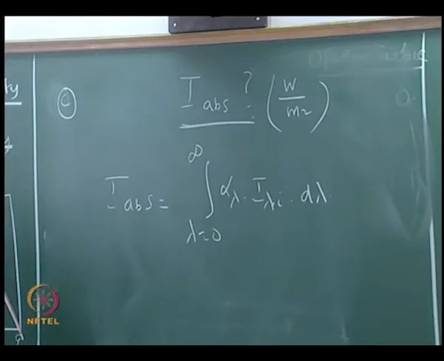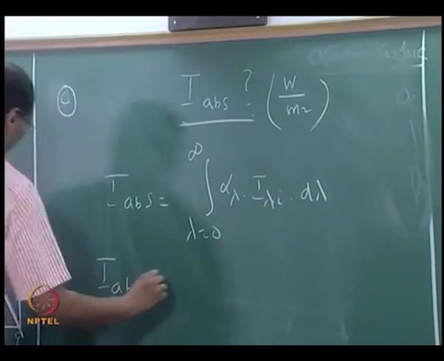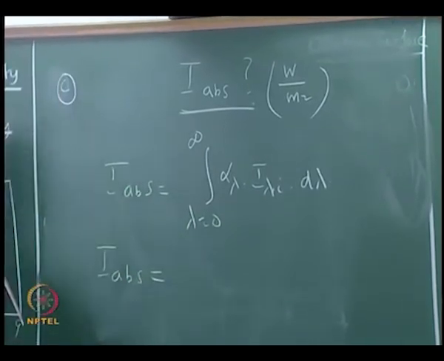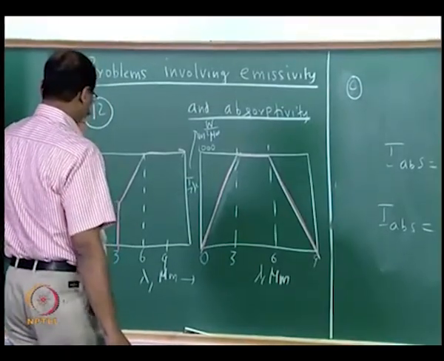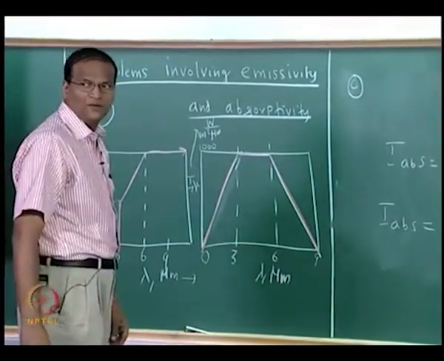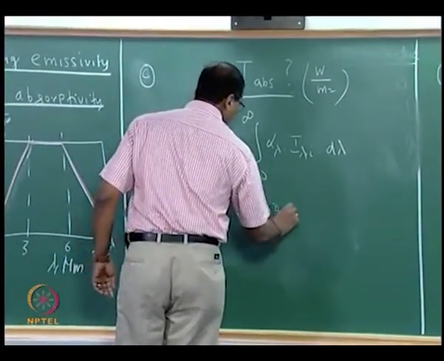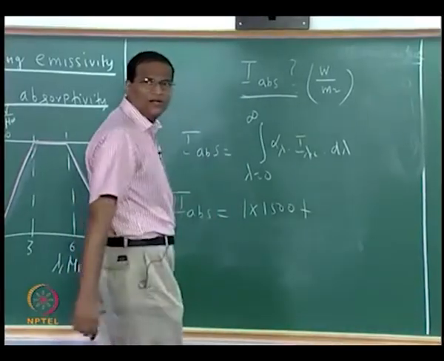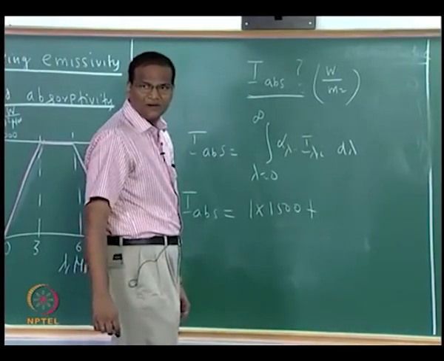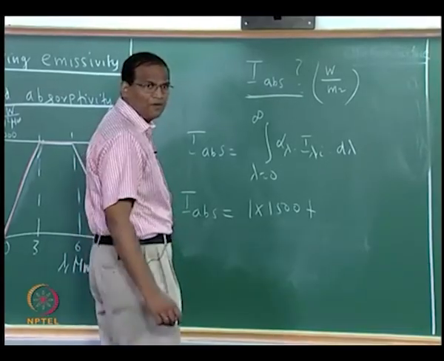Alpha lambda we got from part A already, right? So I absorb will be first, 1 into, plus 0.7, or what did we get?